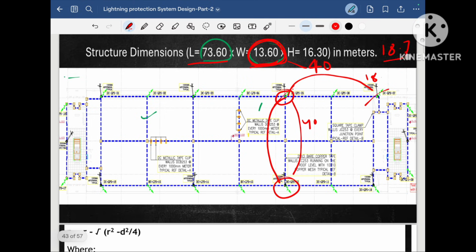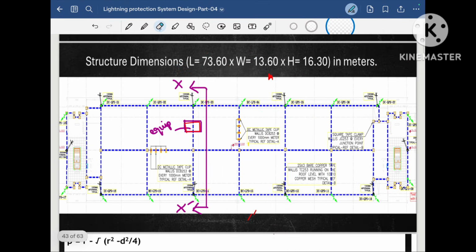But we calculated the separation between two air terminals to be 18.7 meter. In order to maintain this, we have to place 1 or 2 air terminals along the width of the project, in order to have the separation between two air terminals less than or equal to 18.7 meter. Hope you are very clear with this point.